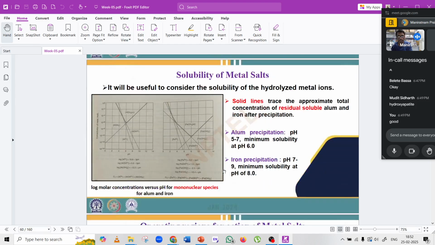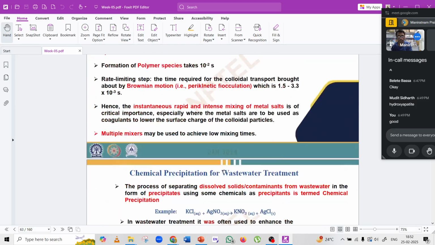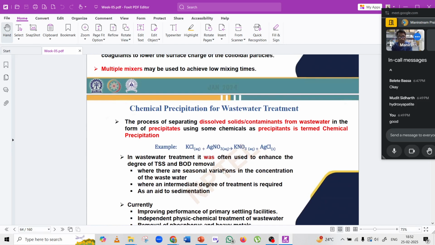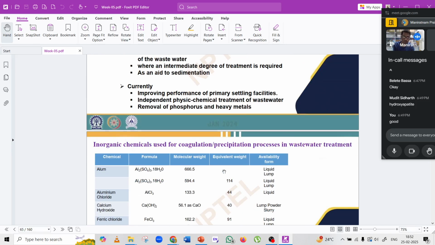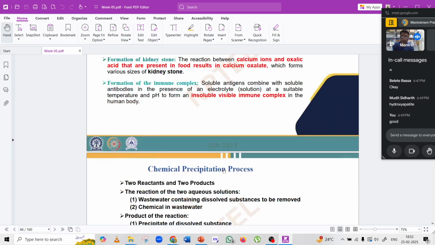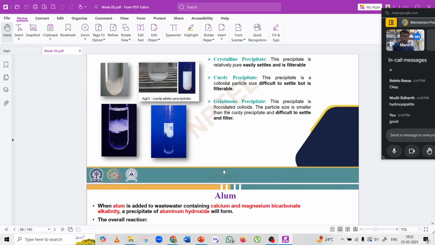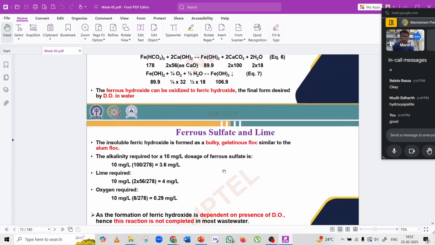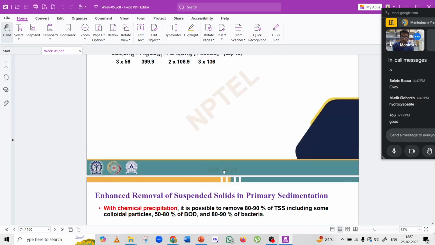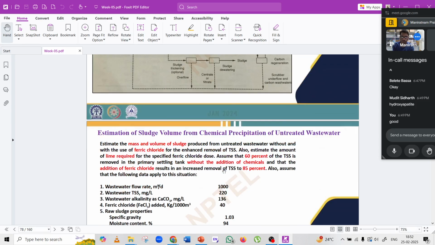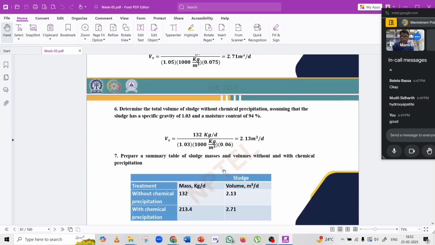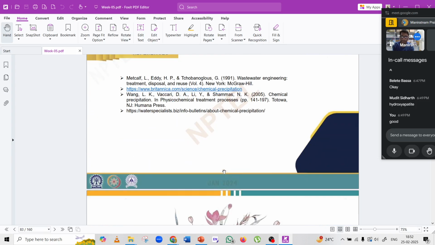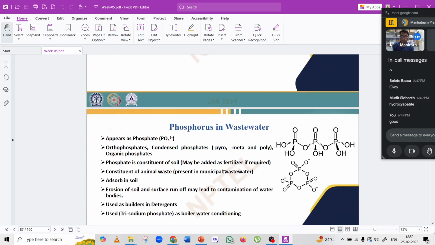So can anyone say, if you have gone through the lecture, why alum is suggested not to be used? Why for our coagulation purpose should we not use alum? Anyone? It is advised that we should not use alum.